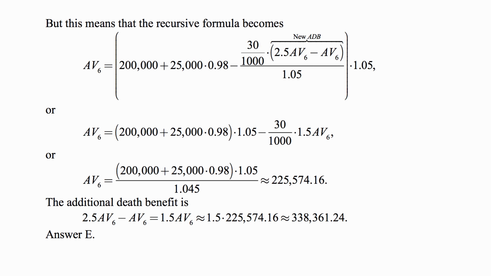So now we do this. And the additional death benefit is now 2.5 times the account value at time 6 minus account value at time 6, which of course is just 1.5 times the account value at time 6. But otherwise it's the same as what we had before.